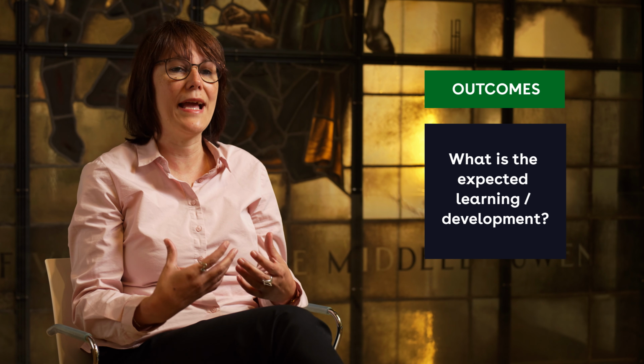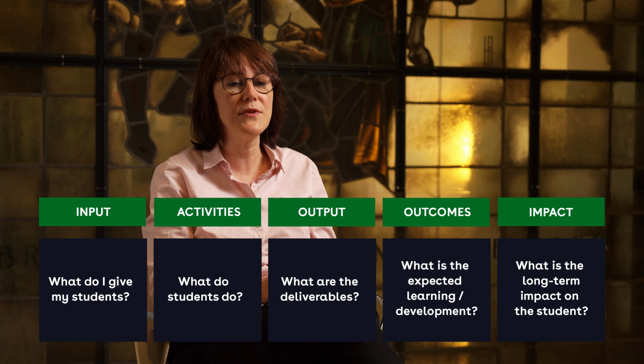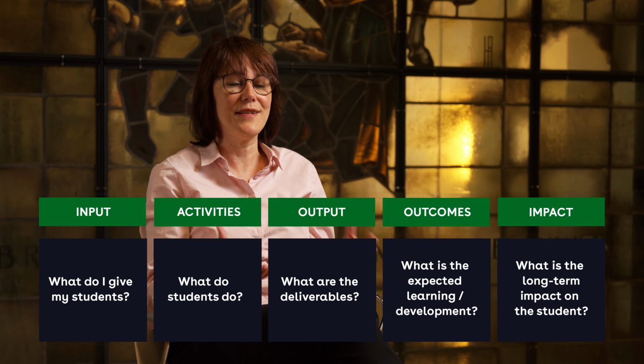So what do you want the students to demonstrate? What should they have learned at the end of your module? And you don't do that in isolation because your module is part of a bigger program, a whole curriculum. And so we also need to think about impact. Your module has impact. So 5 components: input, activities, output, outcomes, and impact. That is what the model consists of.